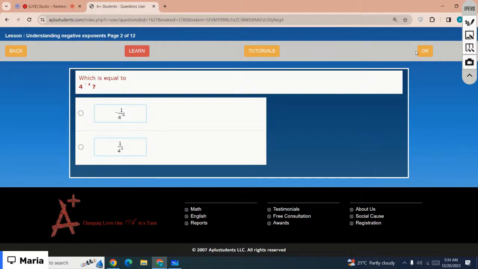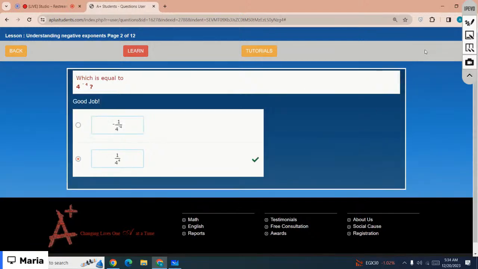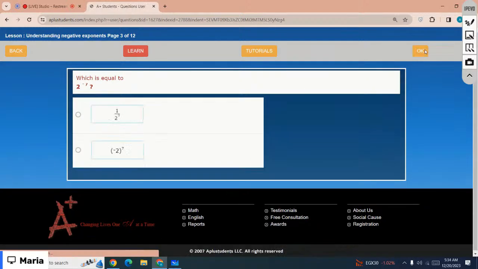Yes, that would be the second option, 1 over 4 exponent 4, because you need to make the exponent positive. So you can write it down in the denominator. So that would be 1 over 4 exponent 4. The second option is the correct one. Very good. Okay, which is equal to 2 exponent negative 7, which is the correct option?